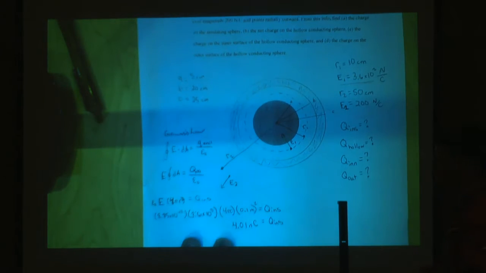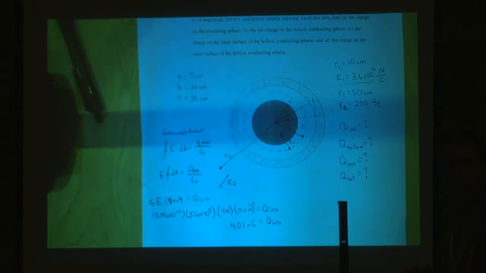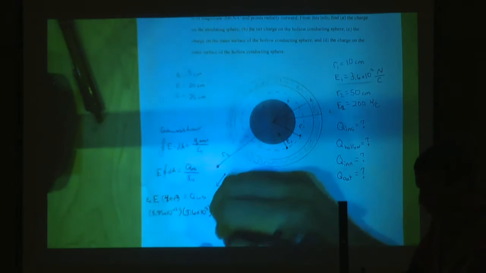Is this answer correct? Who else thinks it's correct? Raise your hand. What's our sign? Negative. Why is our sign negative? Or is it positive? It's pointing inward, so our sign is going to be negative, right?